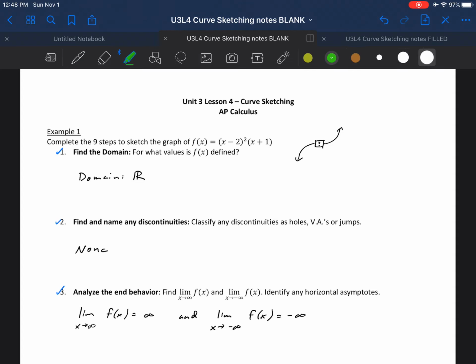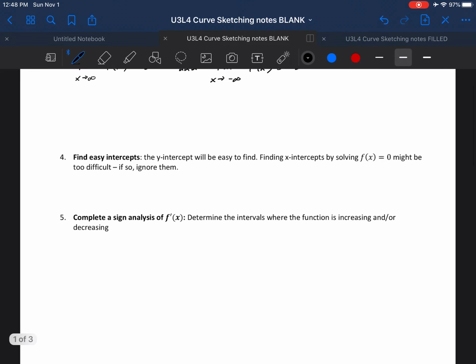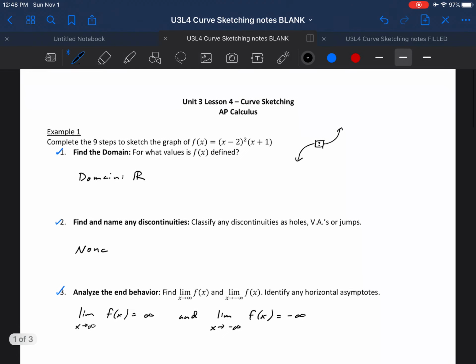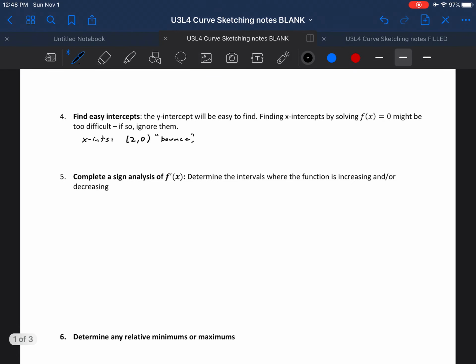Okay? So let me get this black pen, and I'll say x-ints. So we have 2, 0, which will be a bounce. And the other one was negative 1.